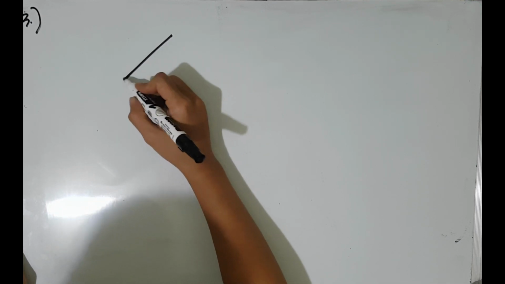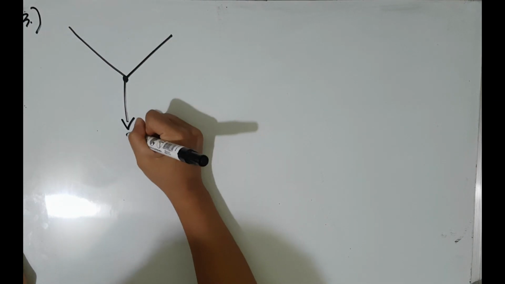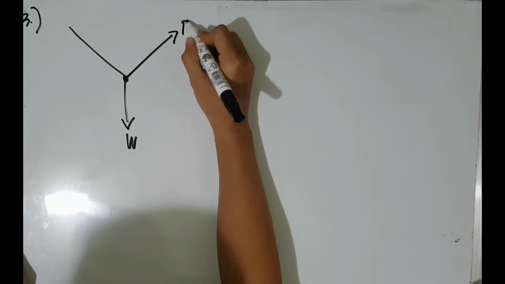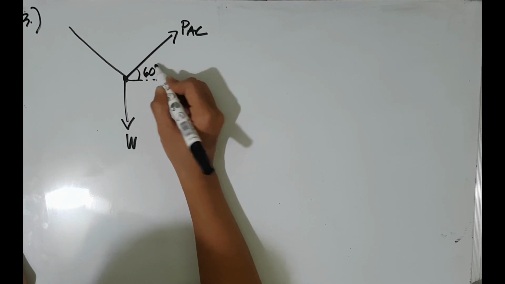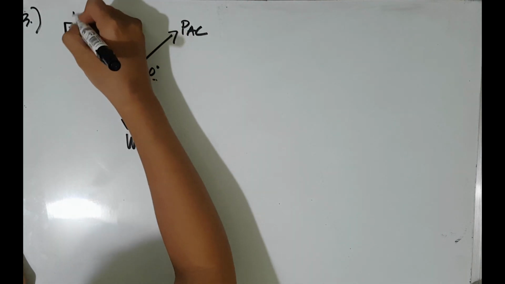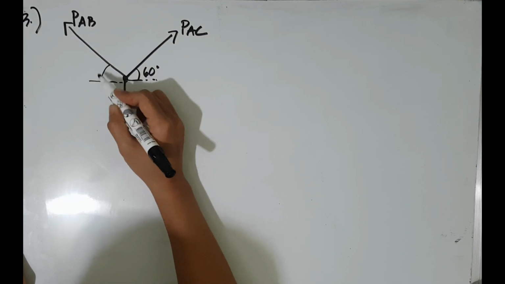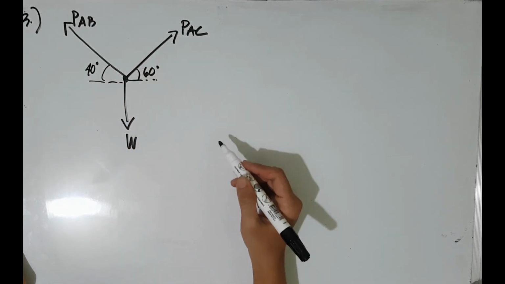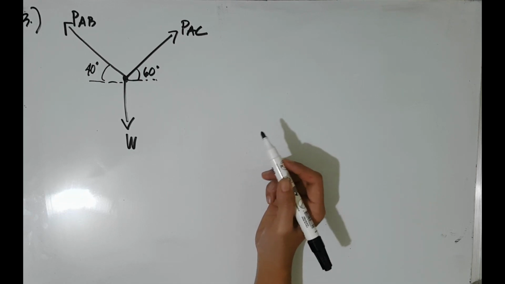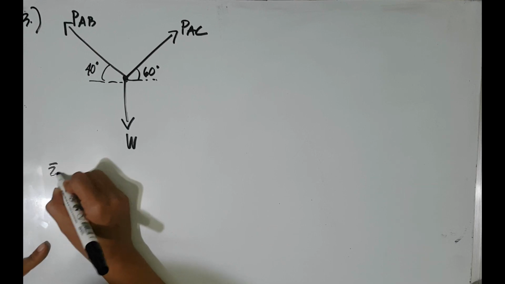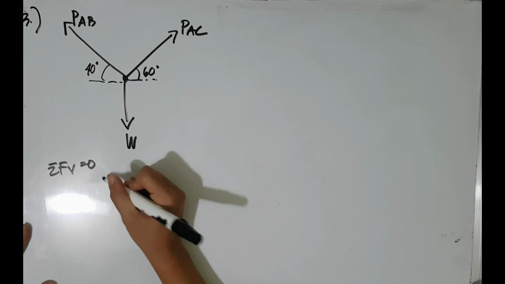So we will first draw the free body diagram. We have W and then the forces acting on AC and AB. AC is 60 degrees from the horizontal and AB is 40 degrees. So our next step is to take the summation of forces vertical equal to 0.